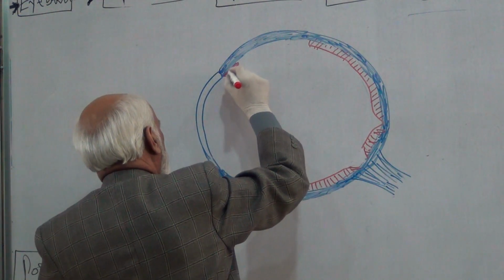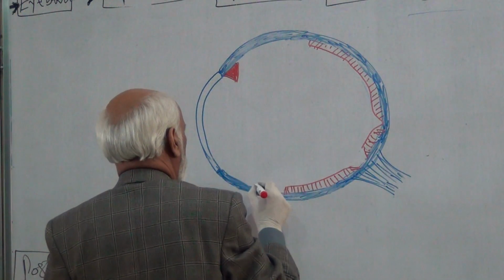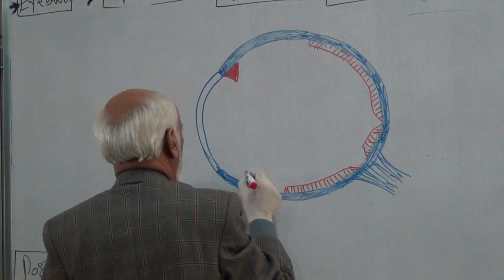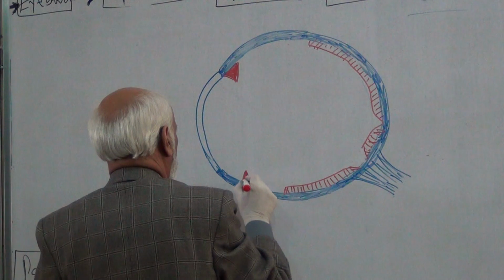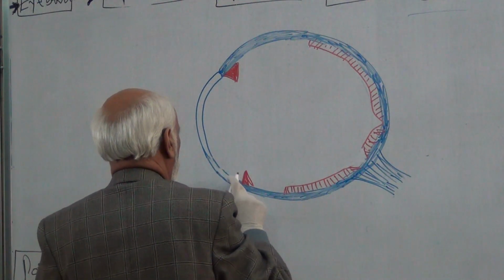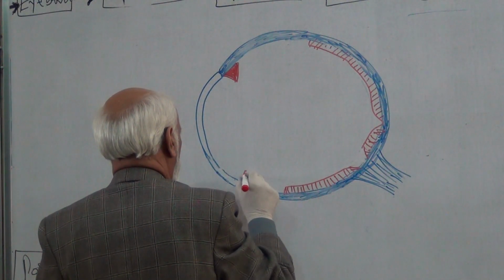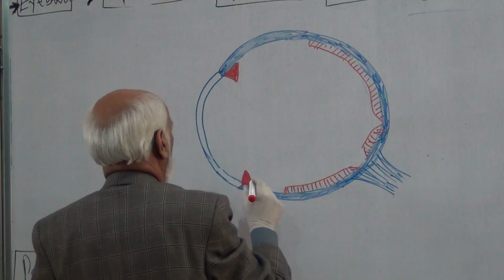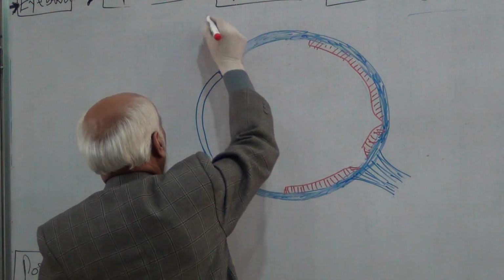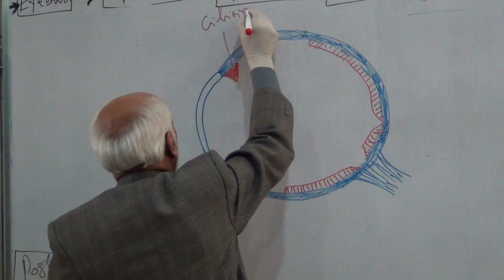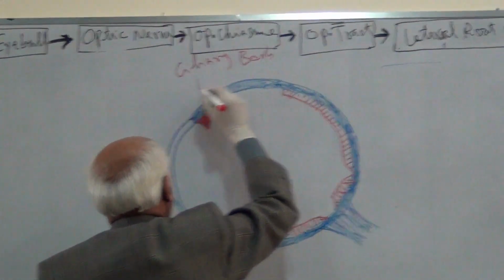Because it is a section, the ring will be cut twice, upper part and lower part. Ciliary body.